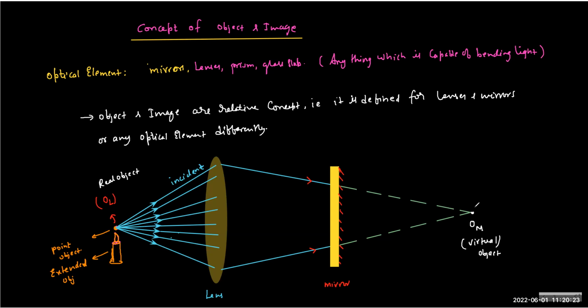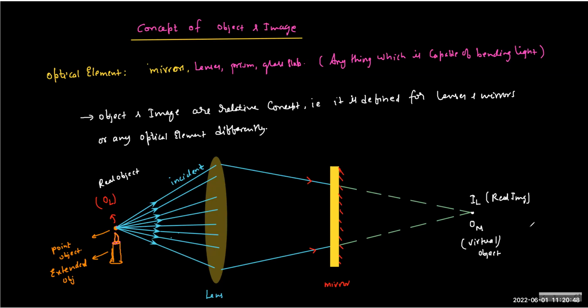So for the lens, if you follow the refracted light, is it going to meet somewhere? Yes. This is the actual meeting, and this is called the image of the lens. Which image? The real image.